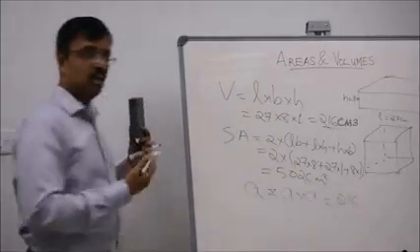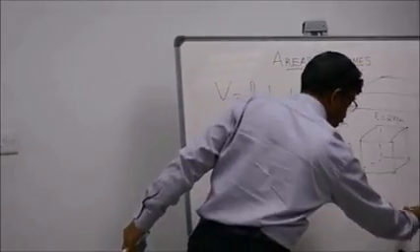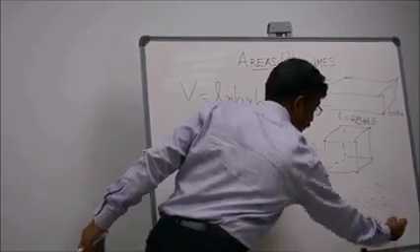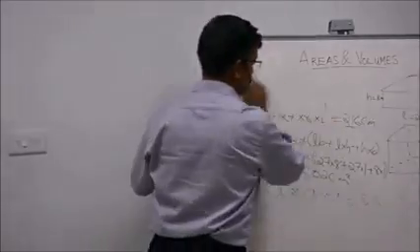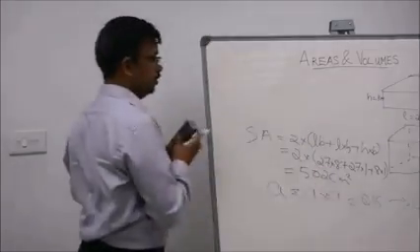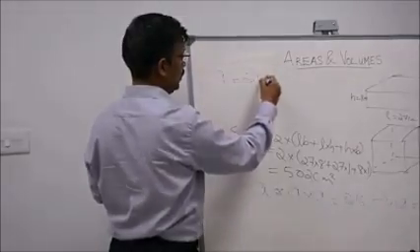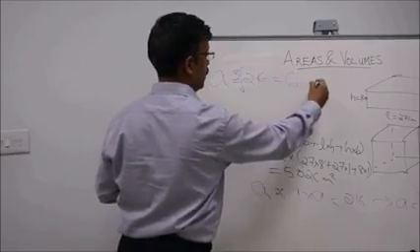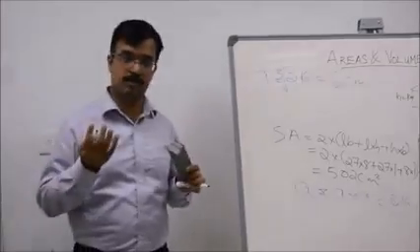So A cubed is equal to 216, and that means A has to be the cube root of 216. Okay, now what is the cube root of 216? I'm rubbing this off, keeping the surface area part as it is. So going back, A is equal to the cube root of 216, which comes to around 6 centimeter. Okay, so one side of the cube is 6 centimeter.